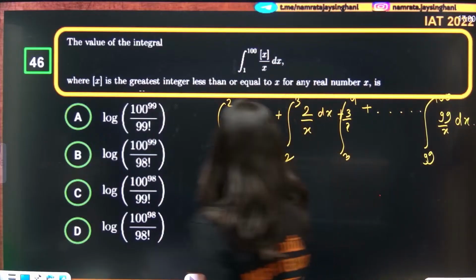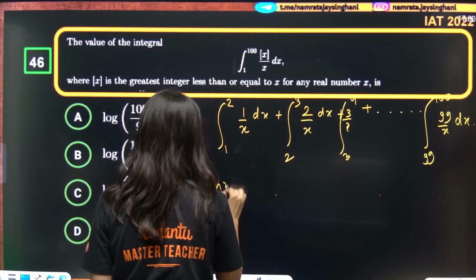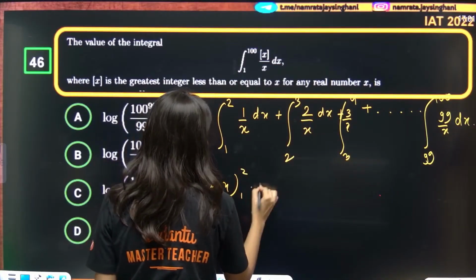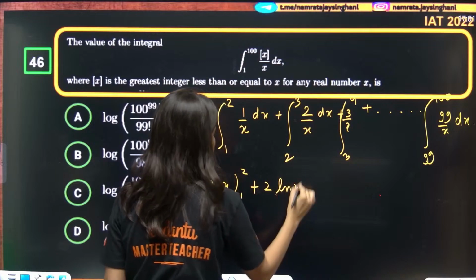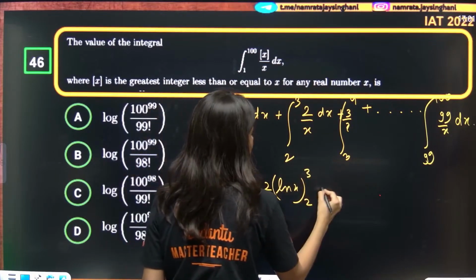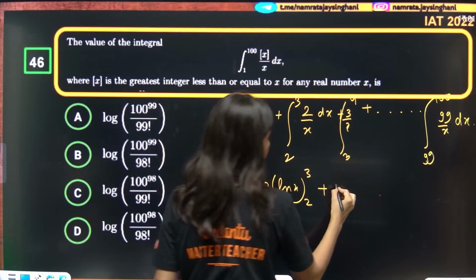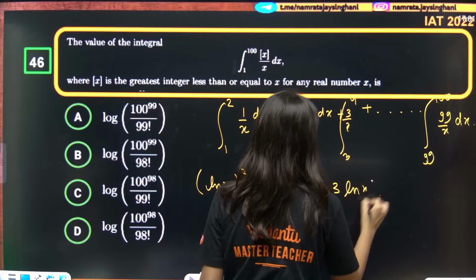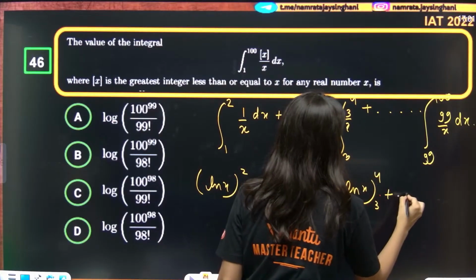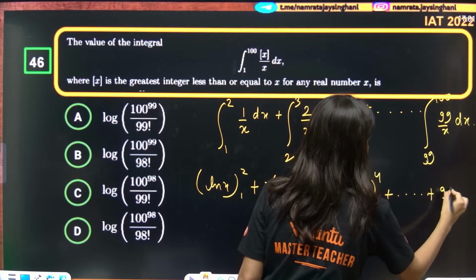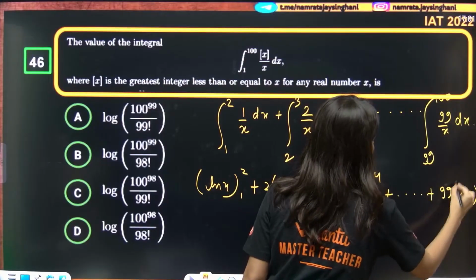Correct? So this is ln x from 1 to 2, plus 2 ln x from 2 to 3, plus 3 ln x from 3 to 4, and all the way up to 99 ln x from 99 to 100.